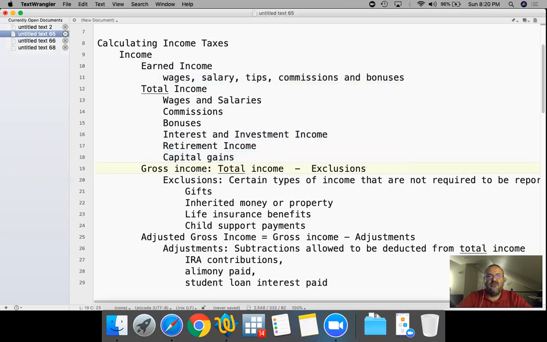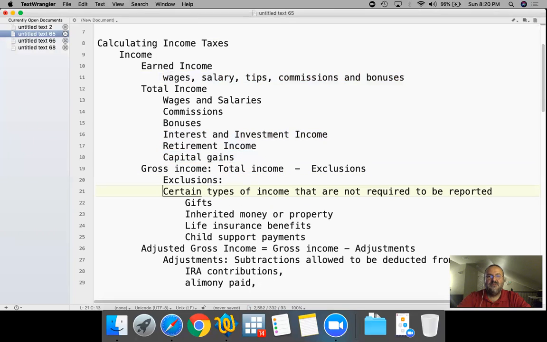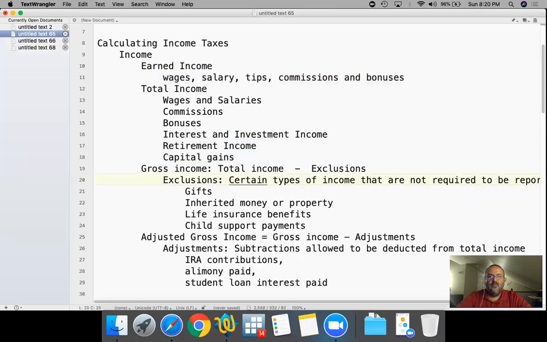So your gross income is your total income minus the exclusions. Now this is what we are referring to as exclusions. So certain types of income that are not required to be reported. These types of income you do not have to report, although these change quite a bit from state to state and from year to year.